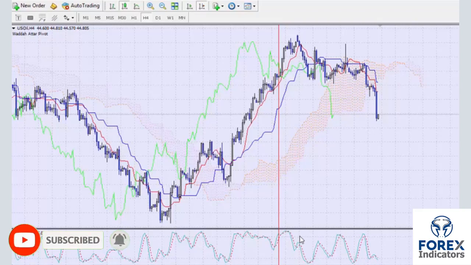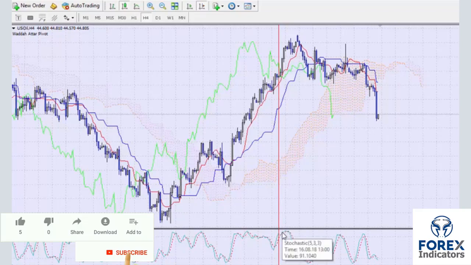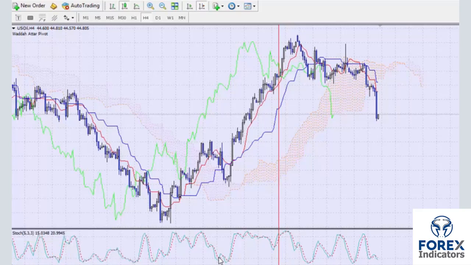That's one strategy. However, you must be careful because sometimes the stochastic can be overbought and still rally. You must combine these indicators together to get the best result. Also, you can combine these indicators with candlestick patterns, support and resistance levels, trend lines, etc. You can combine all the strategies together to give you the best result.